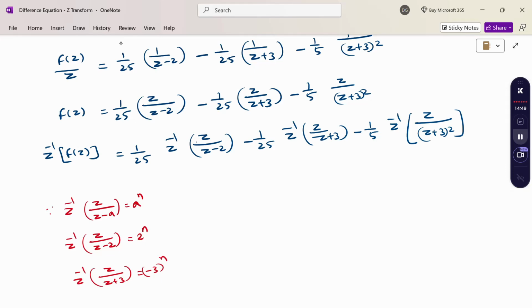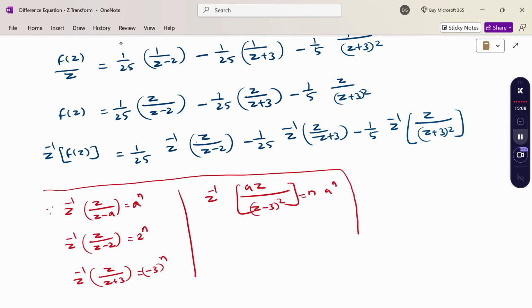What result do we know here? z⁻¹ of az/(z-a)² is n·aⁿ. So this result only we are going to apply here.